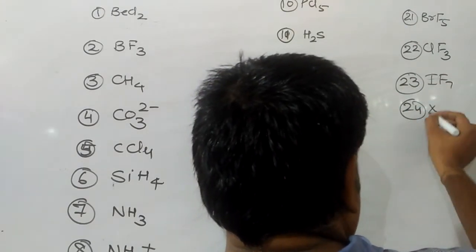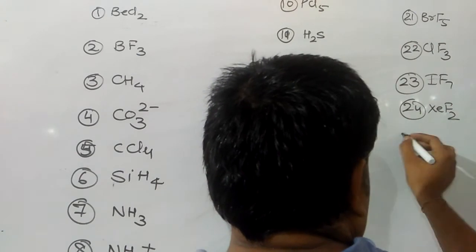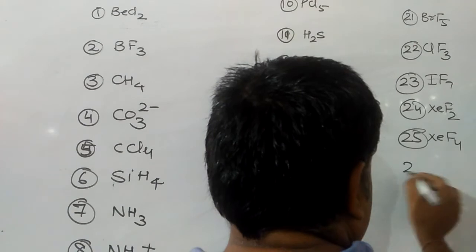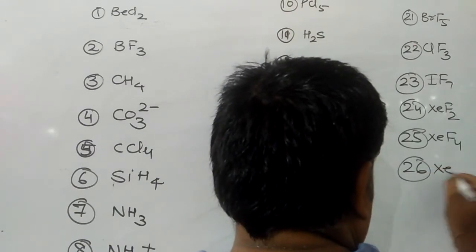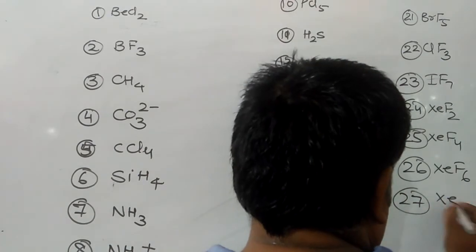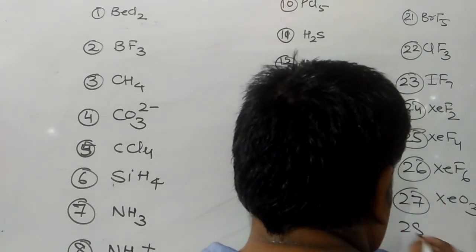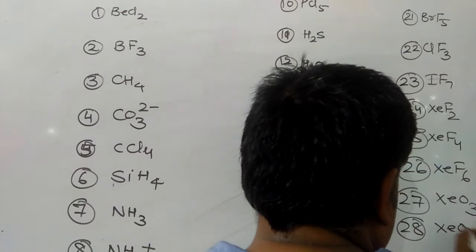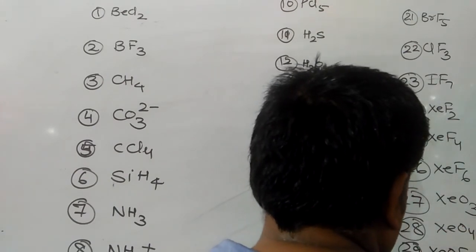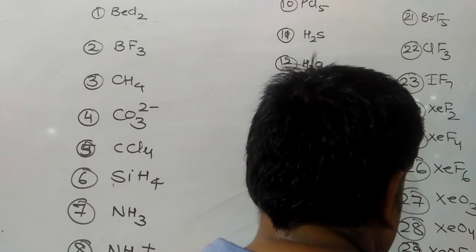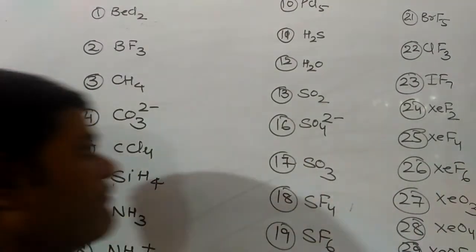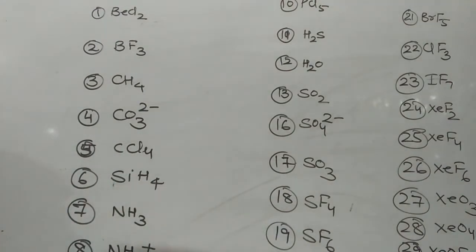XeF2. XeF4. XeF6. XeO3. XeO4. Next one is XeOF2. And the last one is XeO2F2. Here we have to find out the hybridization as well as shape.